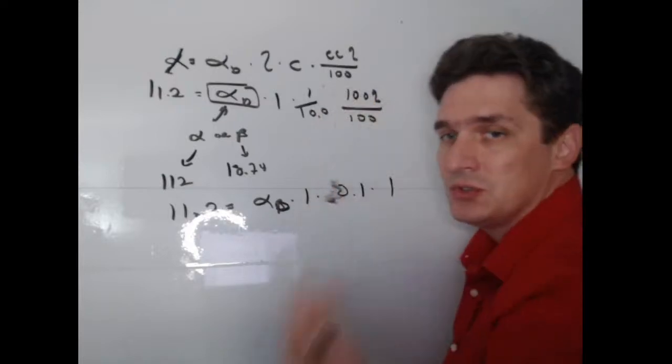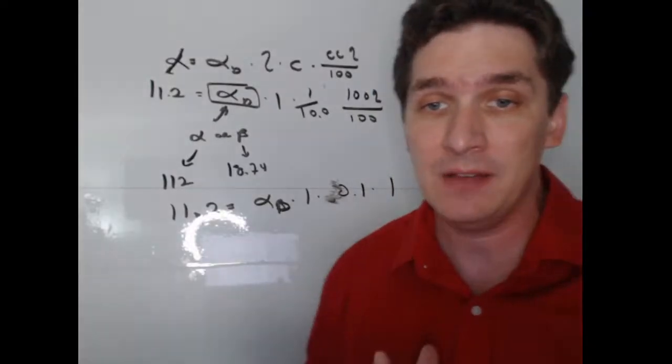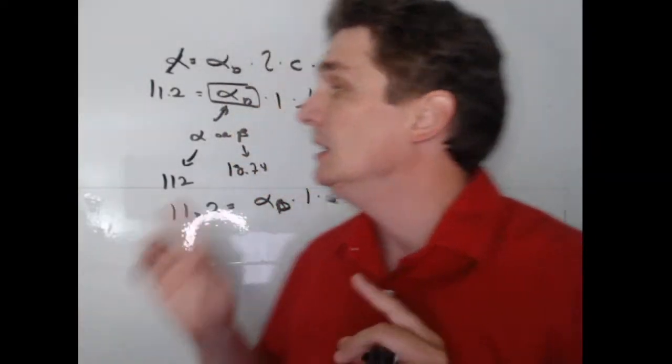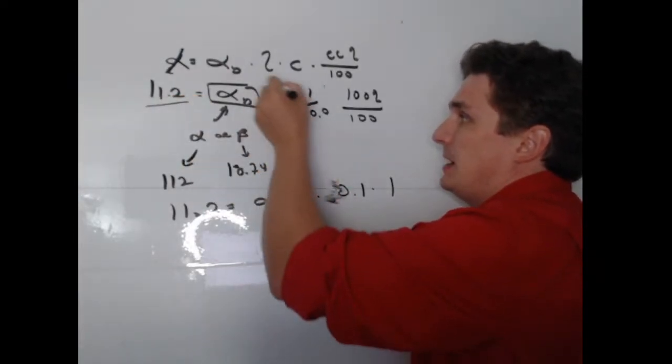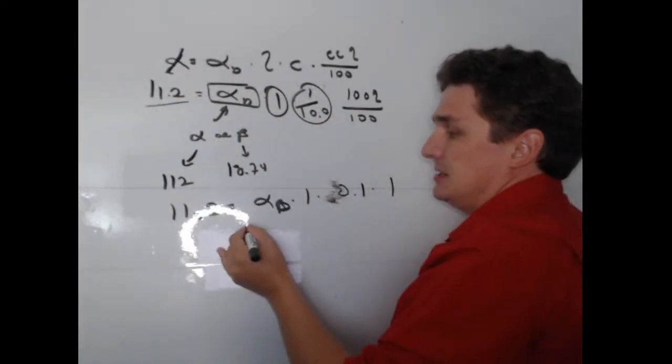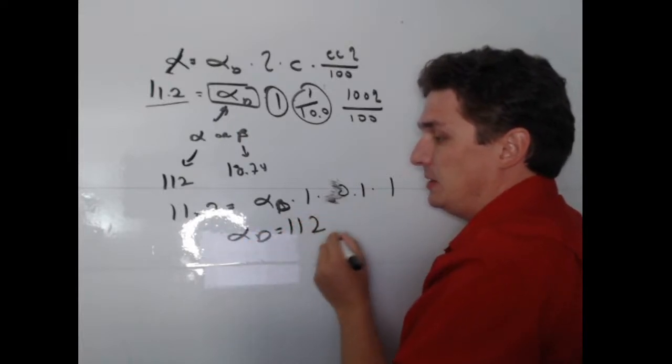Because again, it tells you in the problem, assume that you have a pure compound. So you either made alpha or beta. It's 100% pure, but you don't know which one. We measure the optical activity, we know the path length, we know the concentration. So this tells us here that the alpha D here is 112.